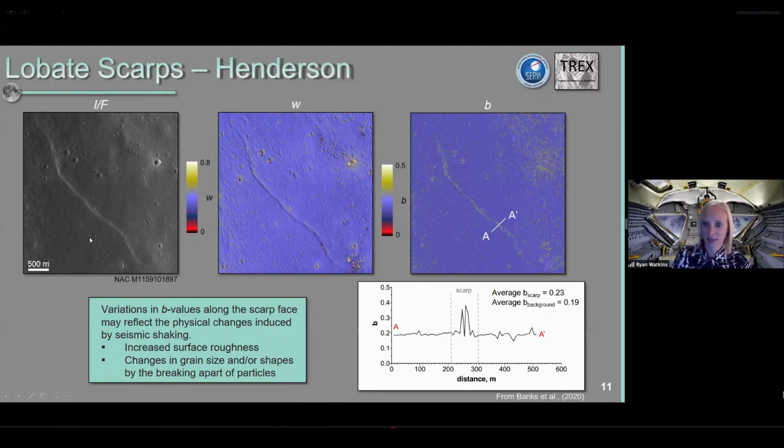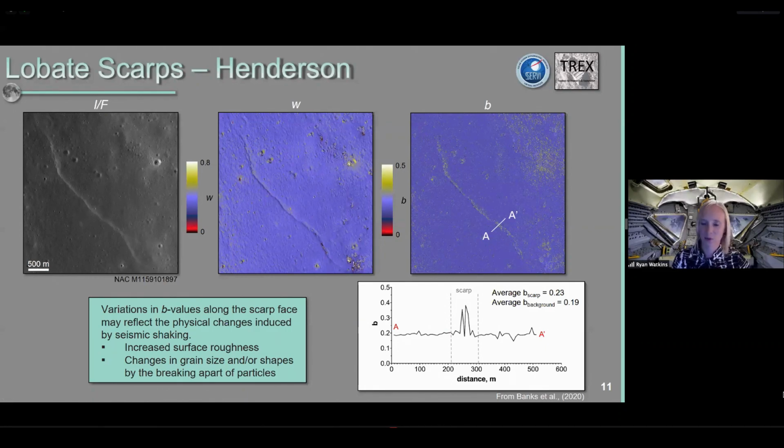Here I'm showing an example of the Henderson scarp. Here you just see the reflectance data from the NAC image, and then the single scattering albedo and the B parameter. And as we would expect, we don't see any real variations in single scattering albedo, aside from those that we may see with maturity. So again, we don't expect any big compositional changes. But we do notice that we have some distinct differences in B values right along the scarp face for many of these locations.